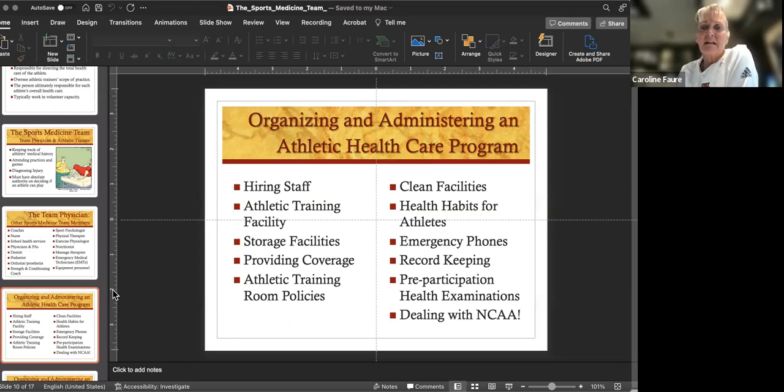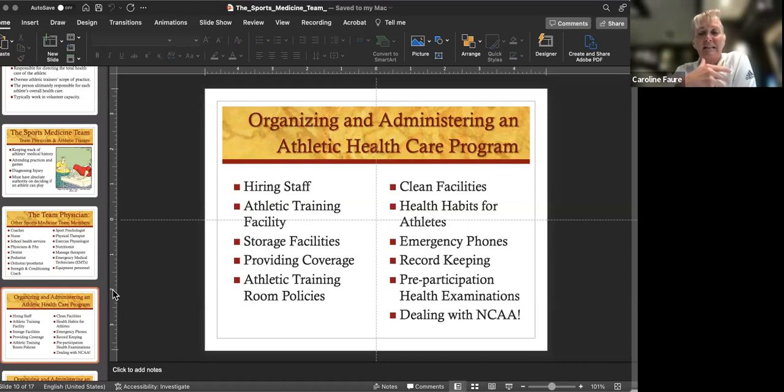The dealing with the NCAA part, I just wanted to point that out too. I realize that you guys aren't working in college or university settings, but some of these kids may have aspirations to play college sports down the line, whether it be the NCAA or NAIA, NJCAA, or another organization. If they sustain an injury during their senior year of high school, sometimes those injuries will carry over into their freshman year.